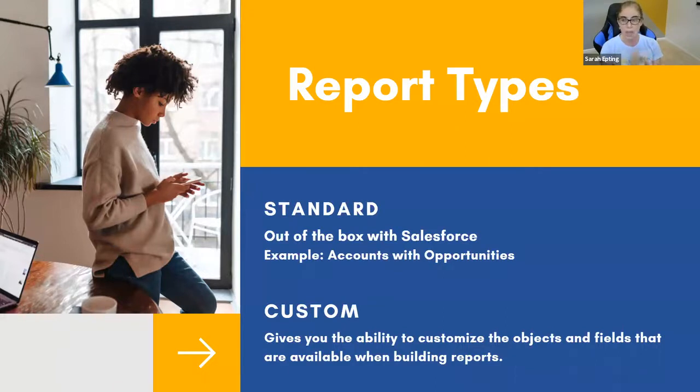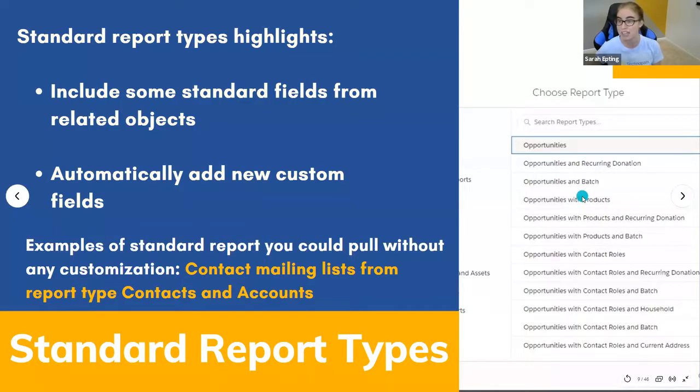But if you had a custom report type, you can drill down so that you could get the budgeted cost of the campaign and the actual cost of the campaign and the expected revenue of the campaign and all those fields from that campaign. Then you can pull them into your opportunity report and really see how well the campaign is doing and where things are in the pipeline to see if you're going to hit that revenue target as part of that campaign. So that's the one we're going to build too.